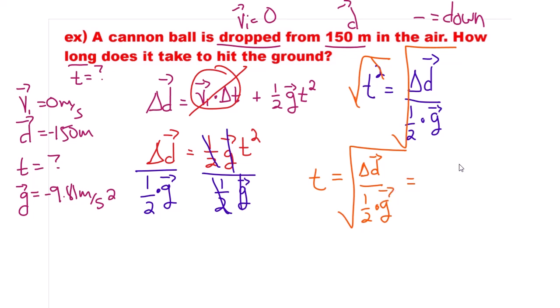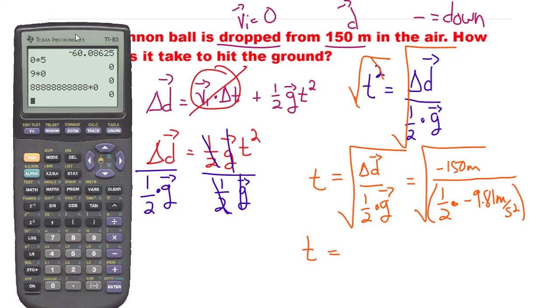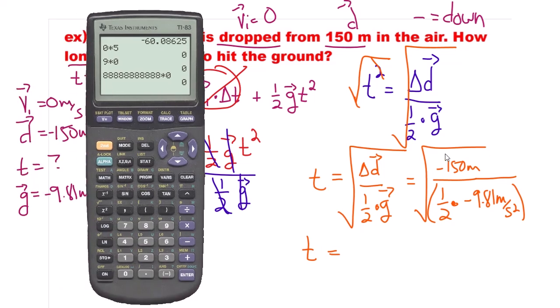Now we can plug in my numbers. So my displacement was negative 150 meters divided by 1/2 times negative 9.81 meters per second squared. This guy on the bottom is going to need a bracket so my calculator doesn't get confused. Now let's plug in and let's solve this guy. So I'm going to deal with the square root maybe at the end.